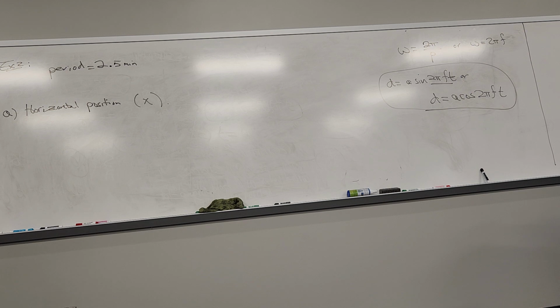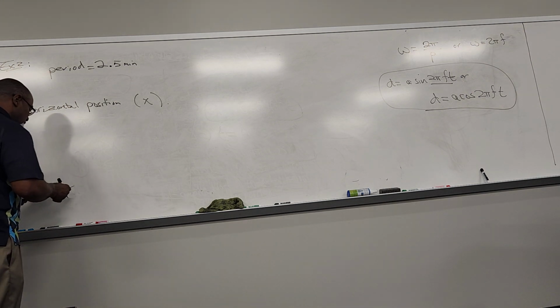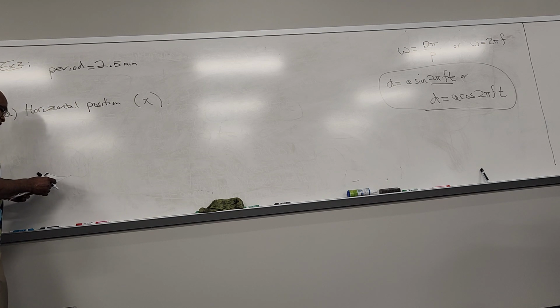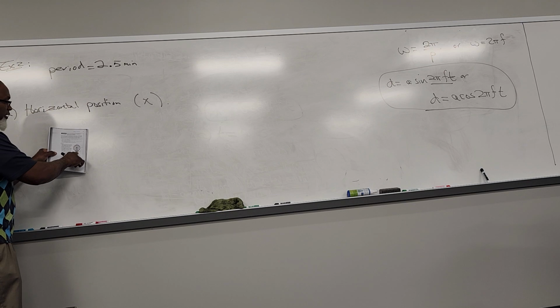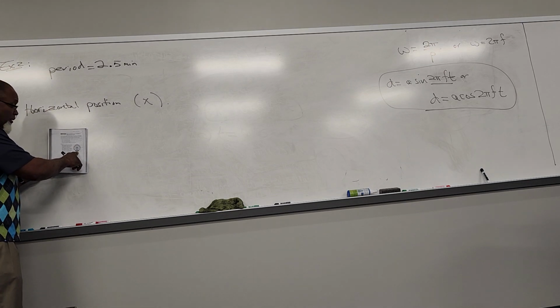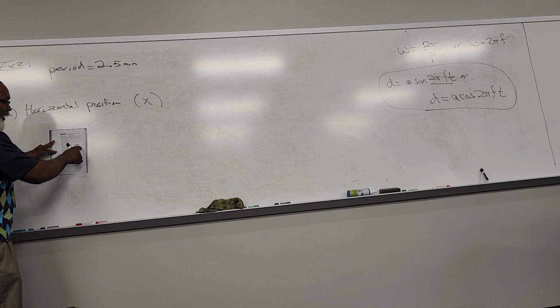So the Ferris wheel is 150 feet in diameter. Its lowest point is 3 feet off the ground. And if you look at this picture, they're going to consider the origin to be at the bottom of that very lowest cart. So that's where the kids enter. That'll be the origin, 0, 0. X is 0 and Y is 0. And this wheel is turning counterclockwise.